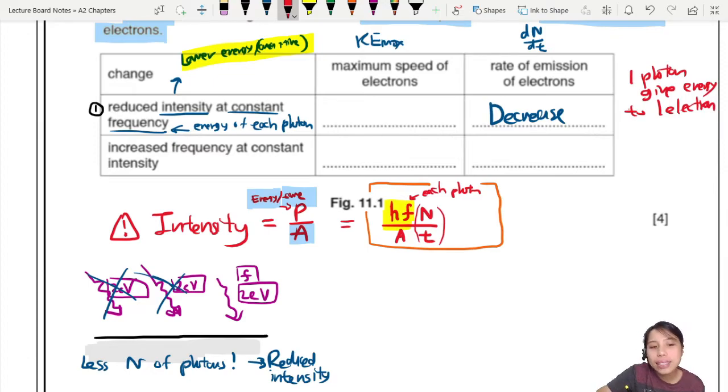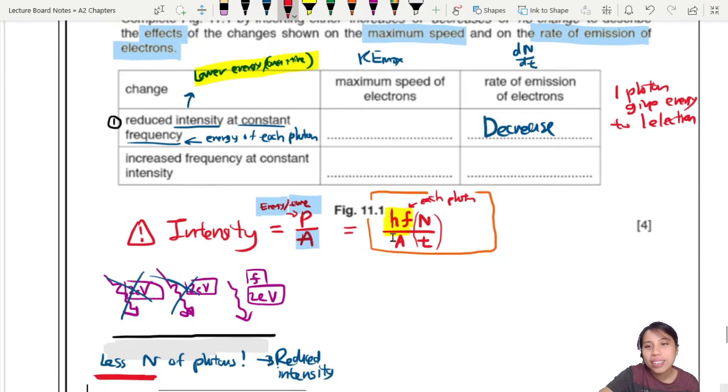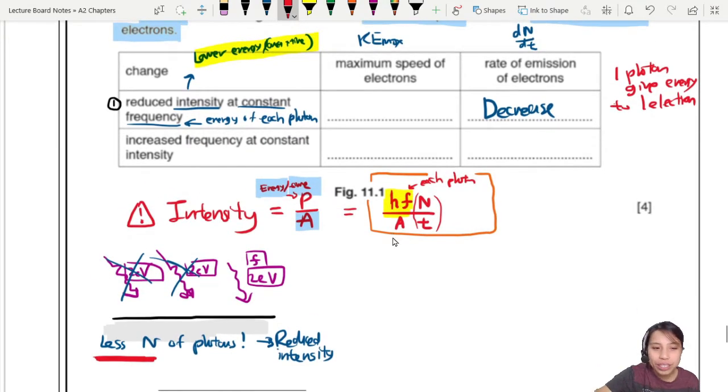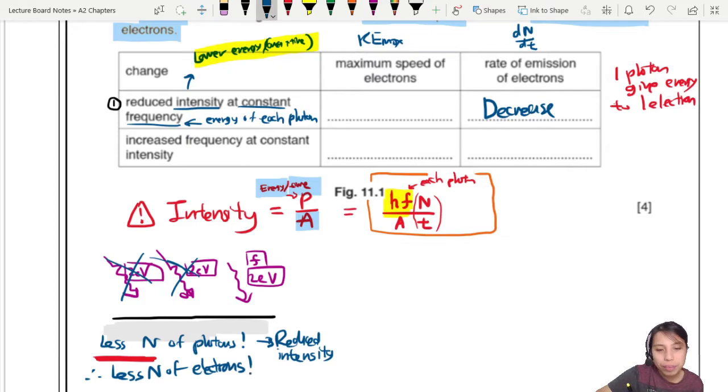Now there are fewer photons, so fewer electrons will come out. Hence fewer electrons per unit time, because 1 photon, 1 electron comes out.